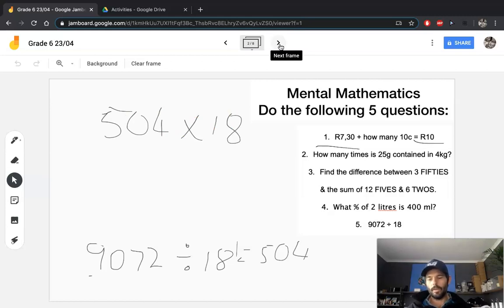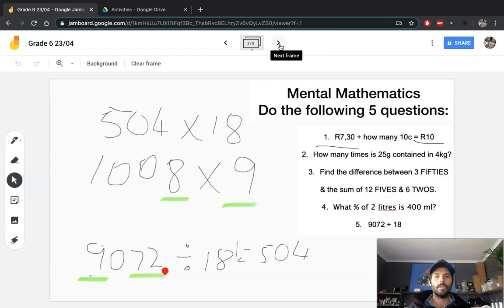If I double the 504 to 1008 and I halve 18 to 9, okay, that makes my sum so much easier. Now it's 1000 times 9 is 9000. Okay, there's your 9000, and 9 times 8 is your 72, so then I must be correct.